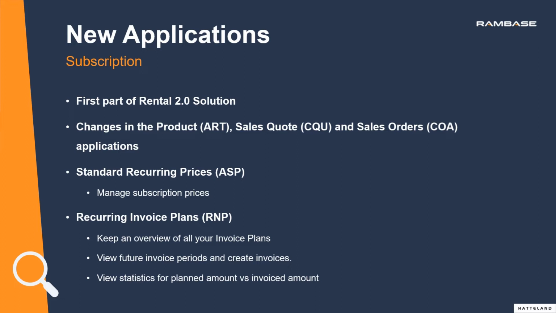And second, we have created a recurring invoice plan application where the user will have an overview of all subscription plans and in the future also rental plans. In addition to this, the user will be able to invoice manually, or it's possible to activate automatic invoice creation. So I will now move into RamBase and we will take a look at this new functionality.